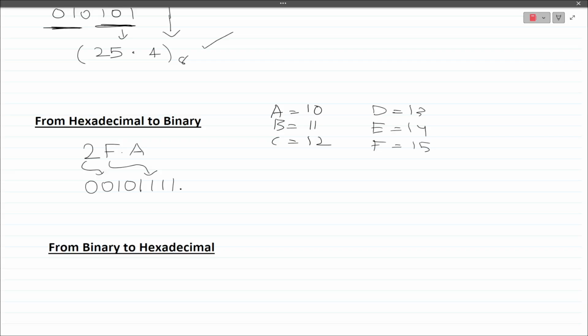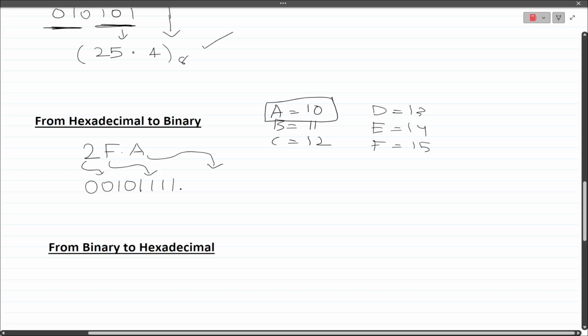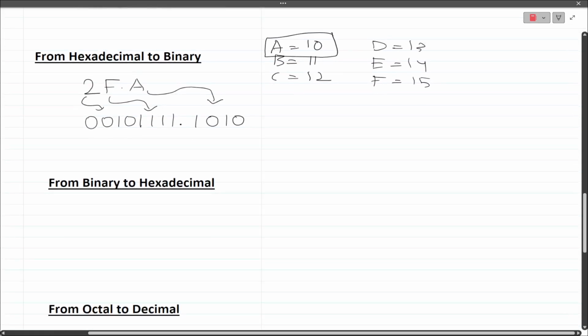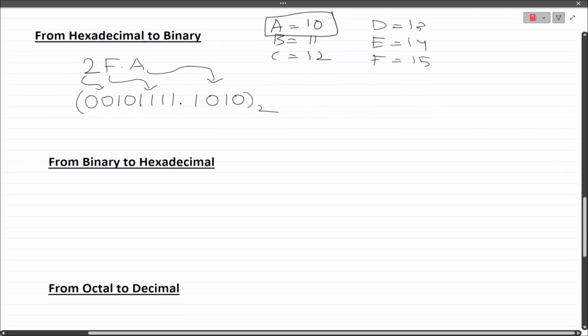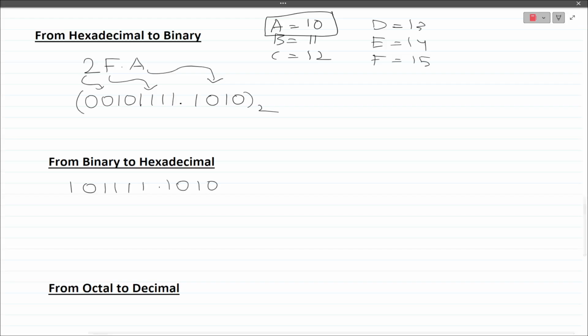Then dot, then I need to think of A. So how to convert this A? A is nothing but my 10. So if I convert 10 to binary, eventually it will be 1010. Okay, now it's done. This is how my hexadecimal is converted to binary. Now if I will be converting binary, see, I am taking the same expression 1010.